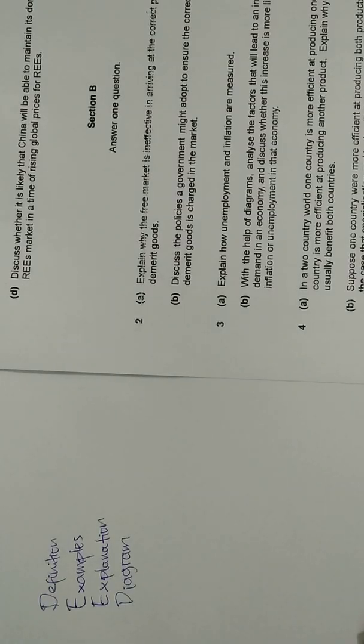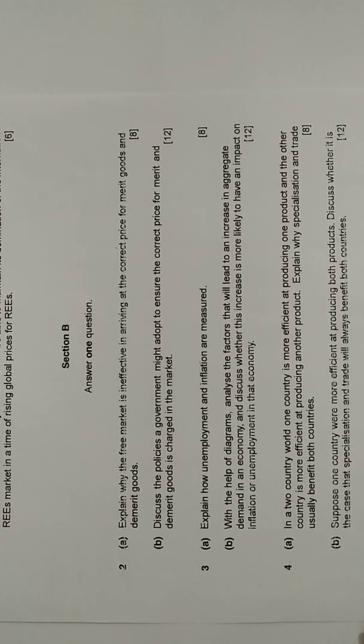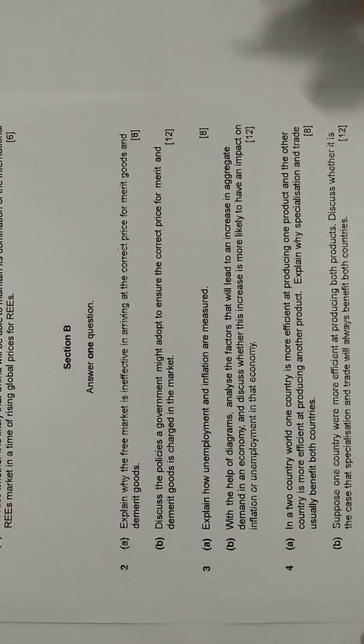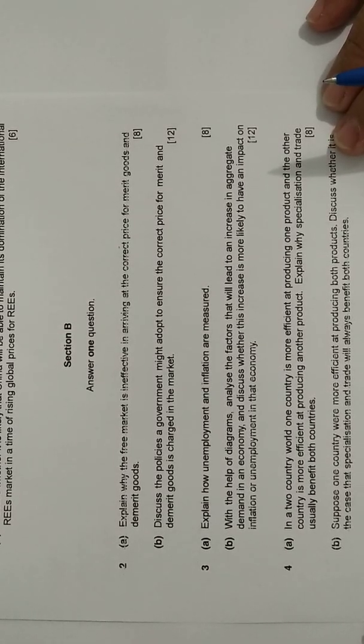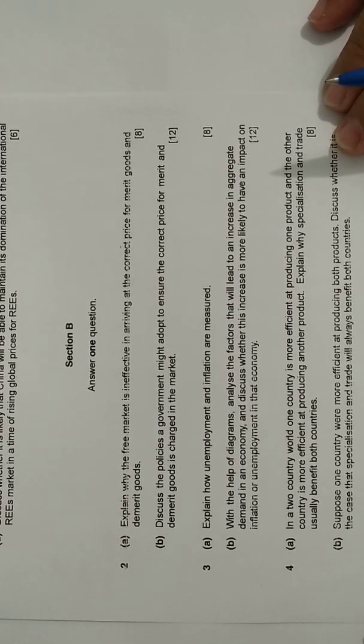Okay? So if you look into this question, explain why the free market is ineffective in arriving at the correct price for merit goods and demerit goods, what will you answer first? What definition will you write?